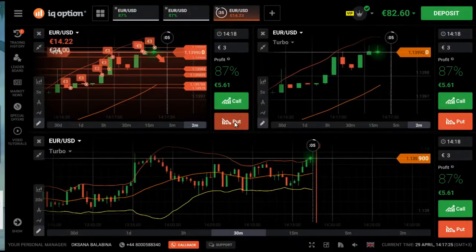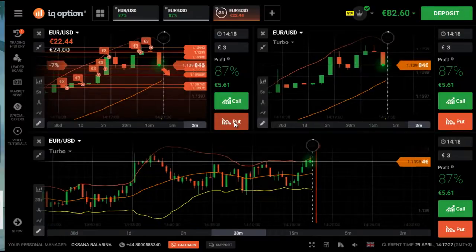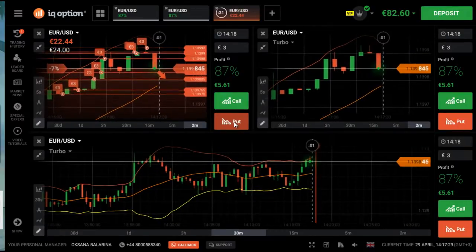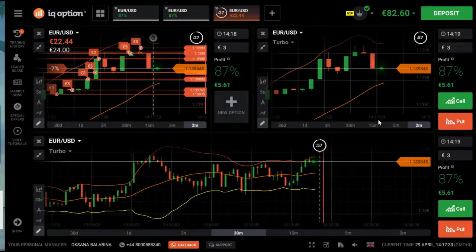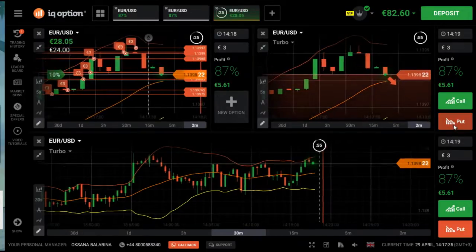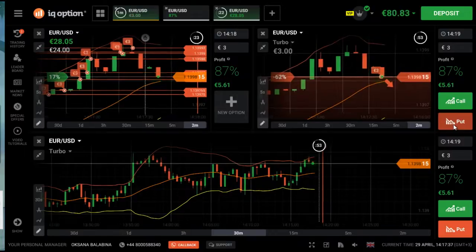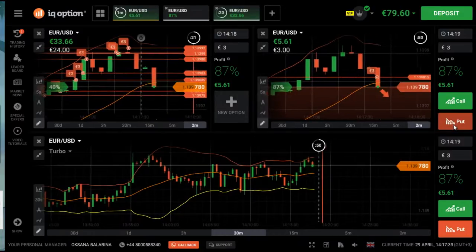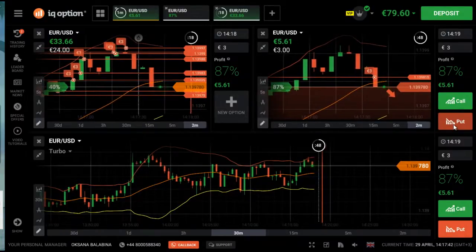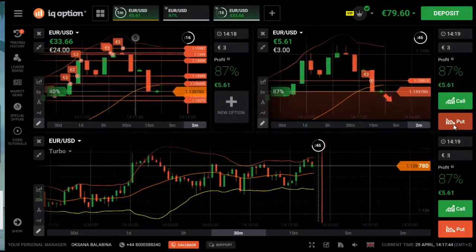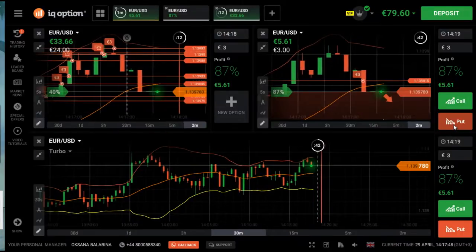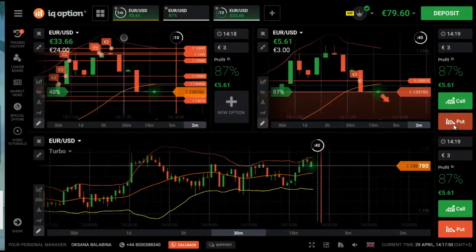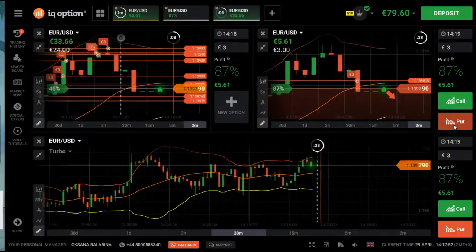Maybe I should have gone for the original direction, but again it's now reversing nicely. So as I mentioned, the reversal is a little bit more guaranteed than following the original direction because a candle will never grow in the same direction forever.